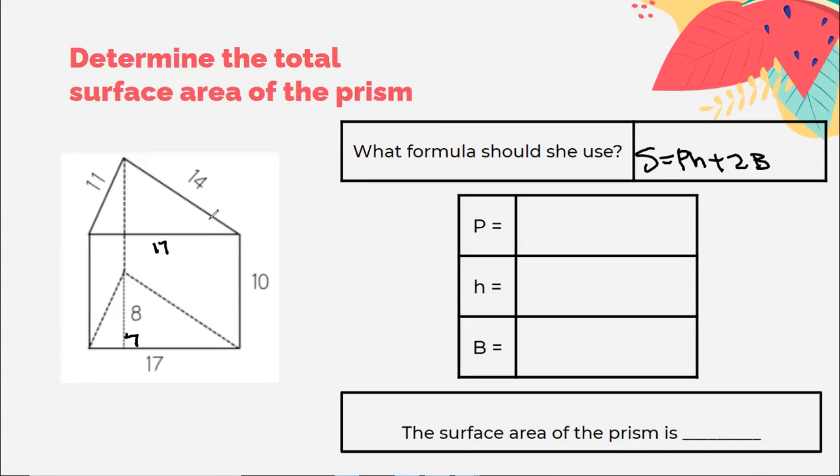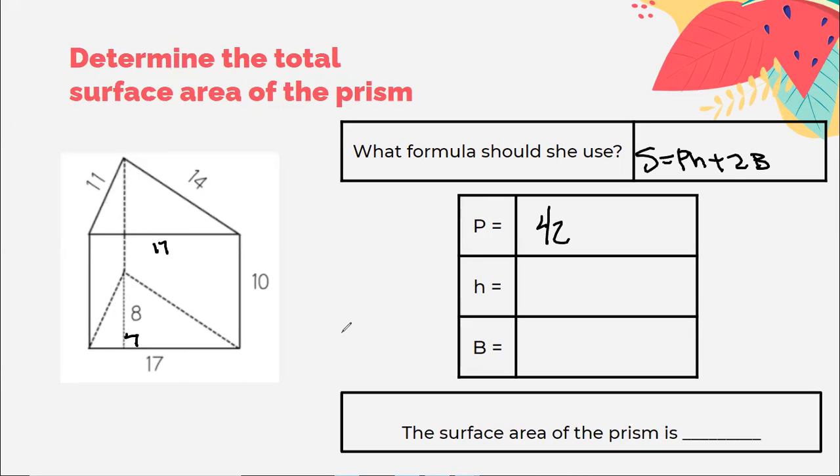Someone add them up for me. 17 plus 11 plus 14. I think it's 42. So we add those up, we get 42.